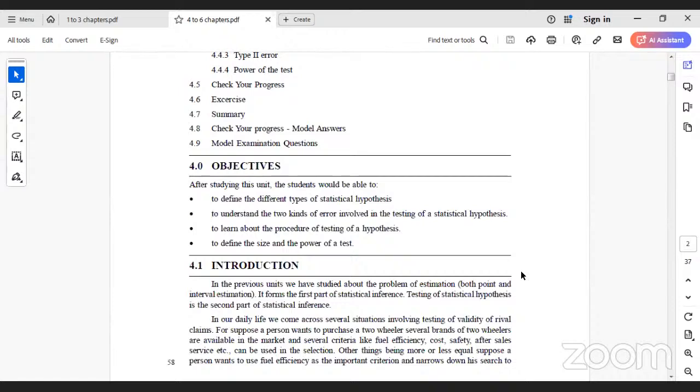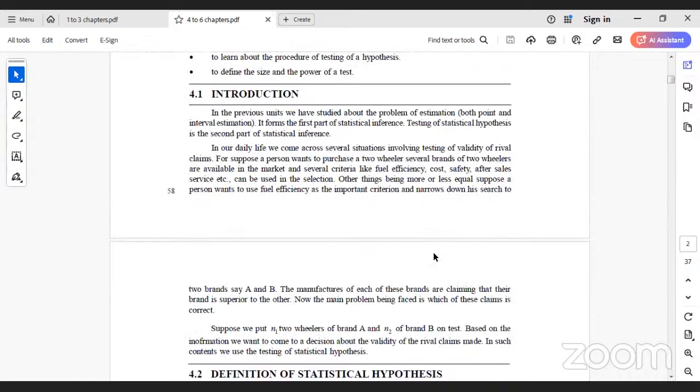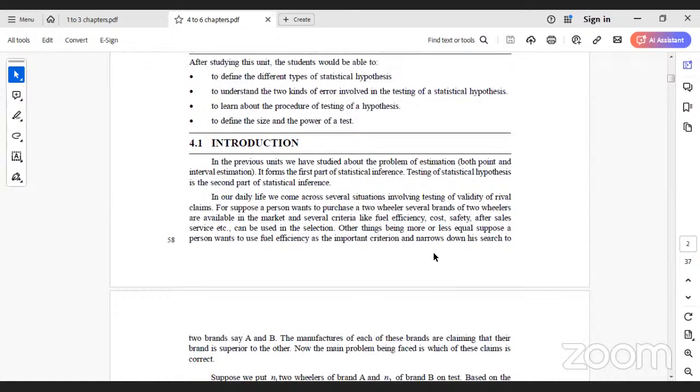Some of these topics we learned in the fifth semester, in design of experiments. We can take the introduction here. Previously, we studied the problem of estimation, both point and interval estimation.